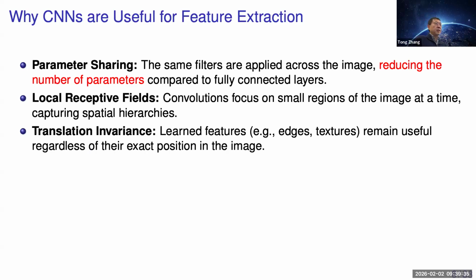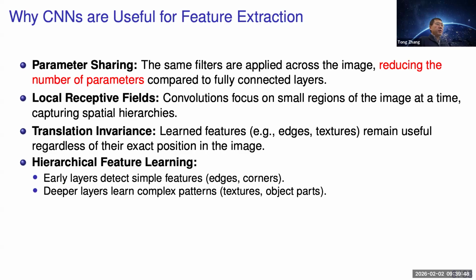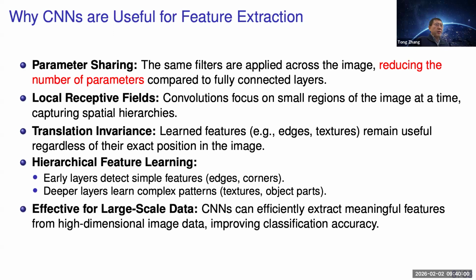That's another thing: this translation invariance is good for the image structure. And hierarchical learning means early layers detect simple features, deeper layers use more complex ones. By using downsampling, you have local features with a downsampled image, and you will be able to get a global one.